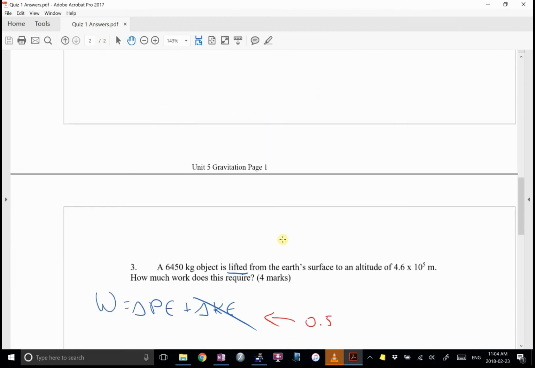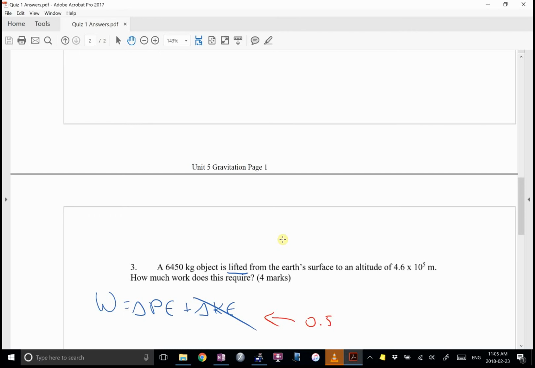Now, if it had said how much work to put in orbit, and there will be one question on your test where I do that, don't cross out the change in kinetic. You're not floating in outer space at rest and in orbit at the same time. That's impossible. You have to be moving while you're in orbit. Here, though, just to save time, I only asked for that.